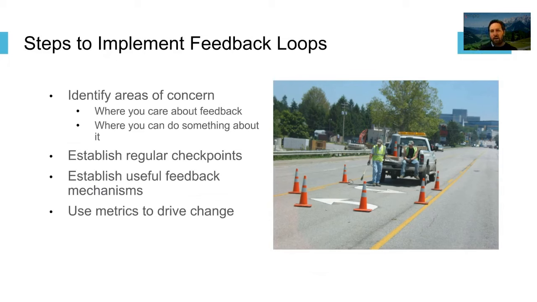Yes, maybe it's harder than on a website, but you must find ways. You must be able to build models, to build mocks, to somehow be incremental. You must find them. You must build feedback mechanisms. You need to take this feedback and use it to drive change.